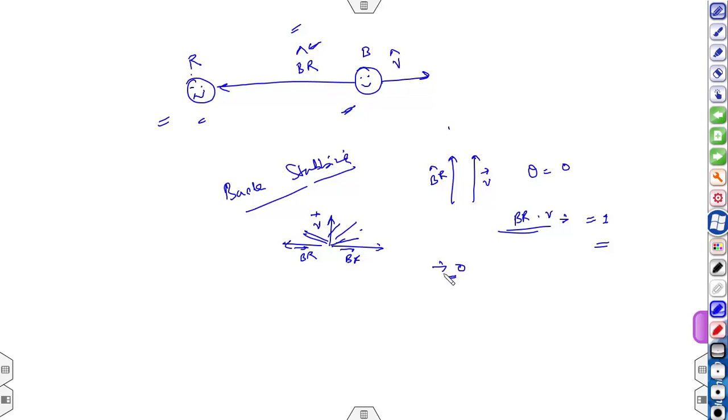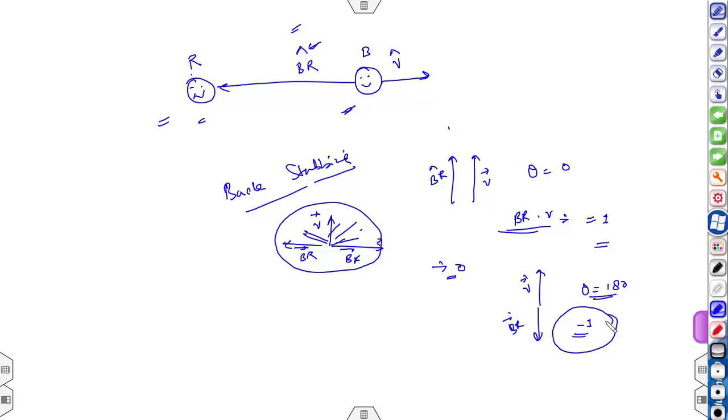In that case, the characters are partially facing in perpendicular directions. Next, when both vectors are in opposite directions, theta will be 180, so the value of the dot product will be -1. So -1 is the ideal condition for backstabbing. This is the significance of the dot product in game design.